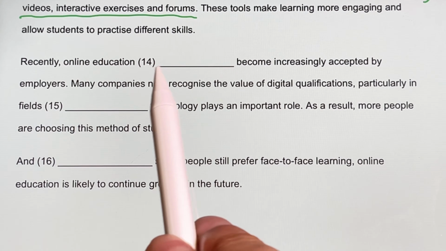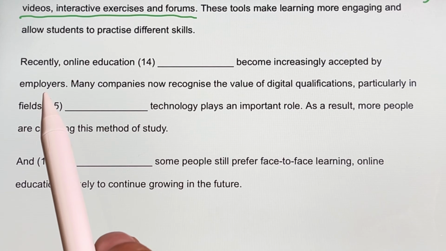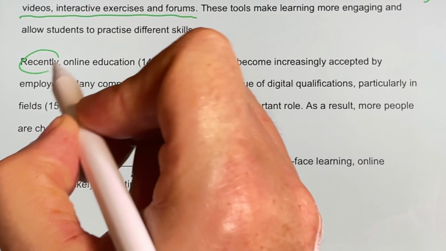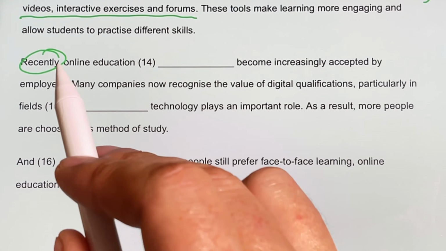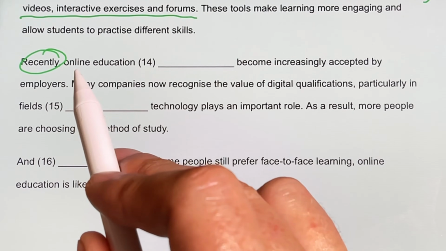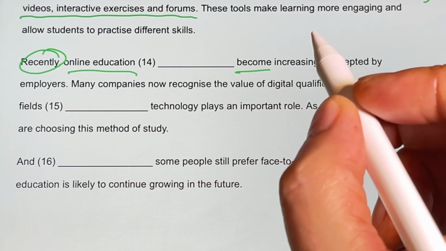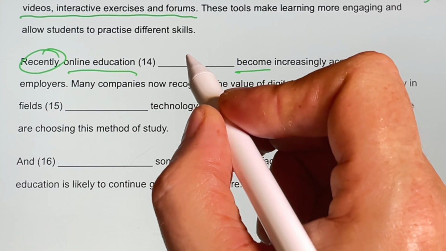Recently, online education became increasingly accepted by employers. Now, we have different things here. We have recently, which is telling me that is now, okay, so it's near the present. Online education, which is the subject and the verb. So this is telling me that here it needs the auxiliary.